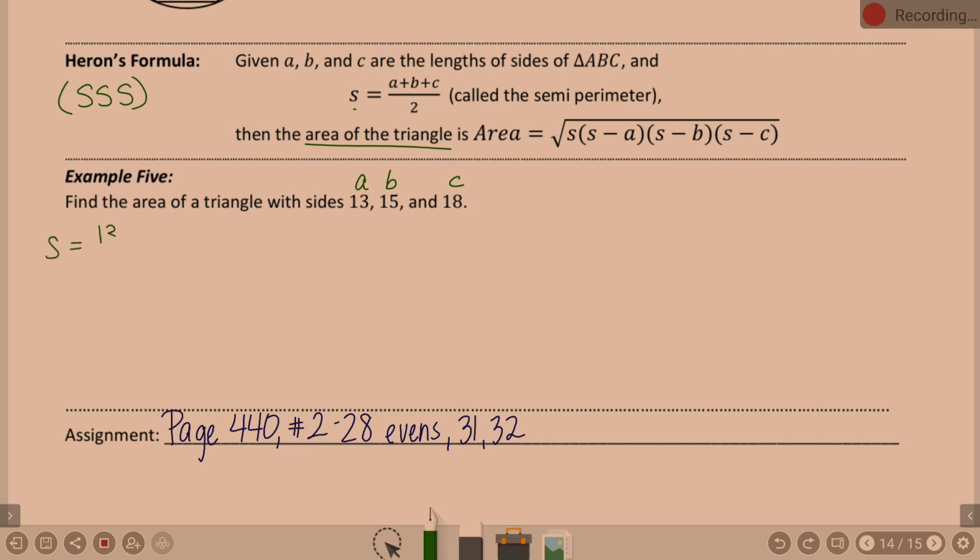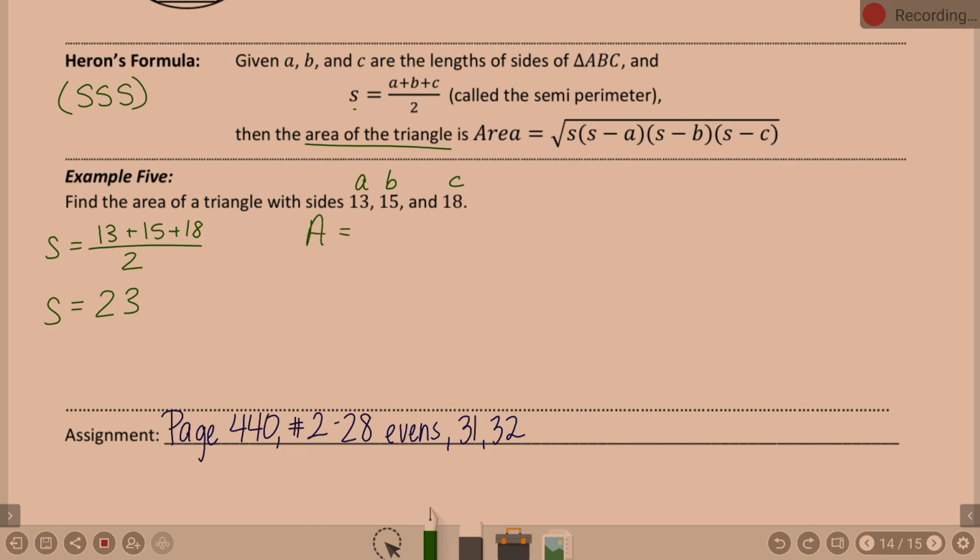13 plus 15 plus 18 divided by 2. It's not the average, it's a semiperimeter. And what is 13 plus 15 plus 18 divided by 2? 23? Yes. Okay, you can fill in your formula, yes?